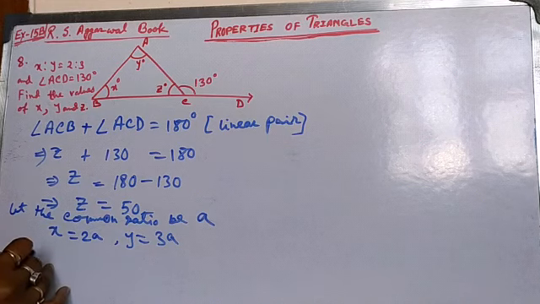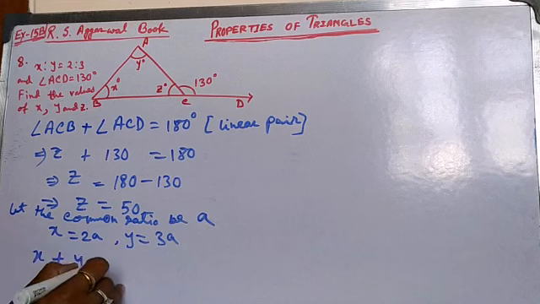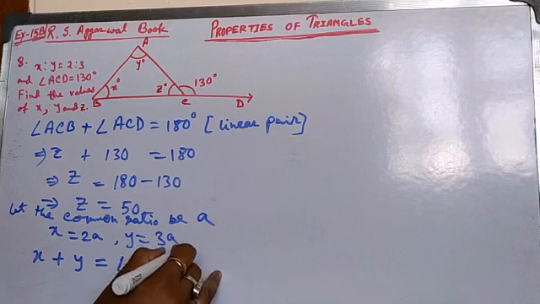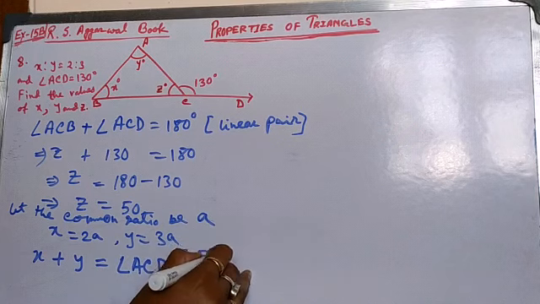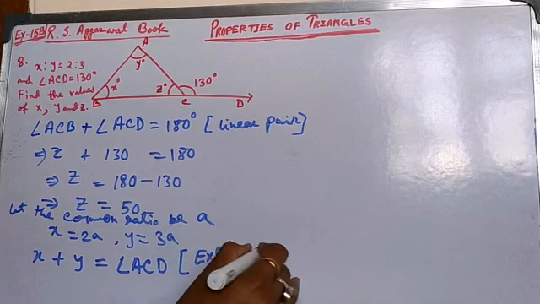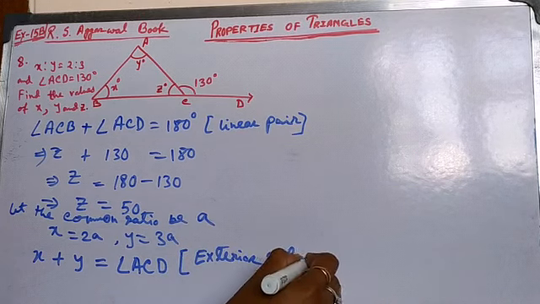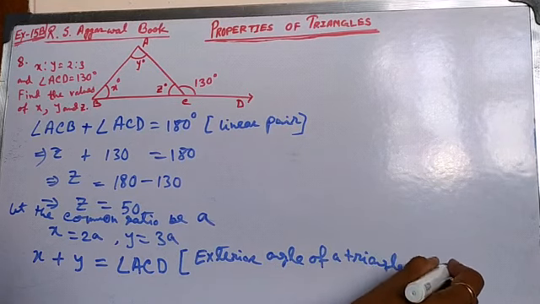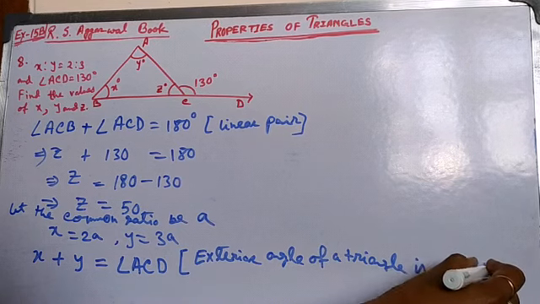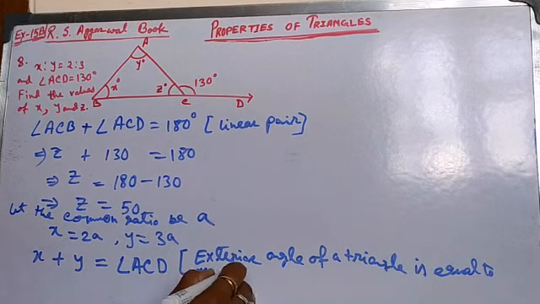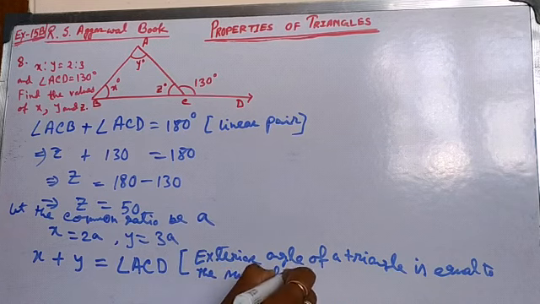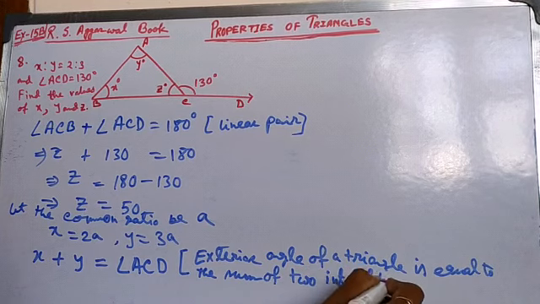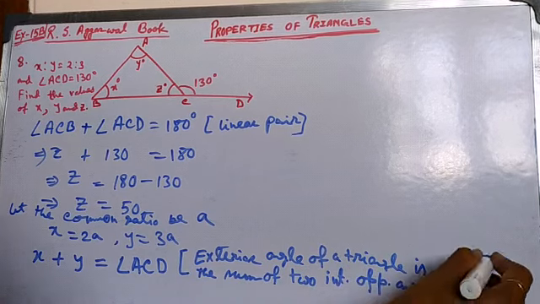Now x plus y equal to angle ACD, because of that property, exterior angle of a triangle is equal to the sum of two interior opposite angles.